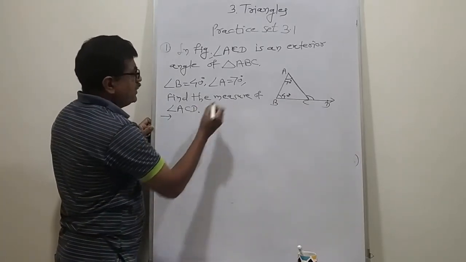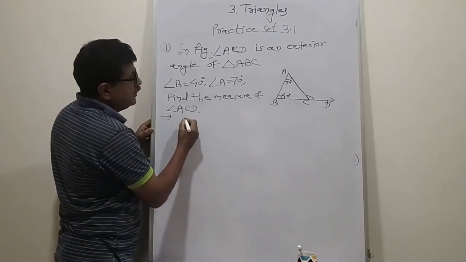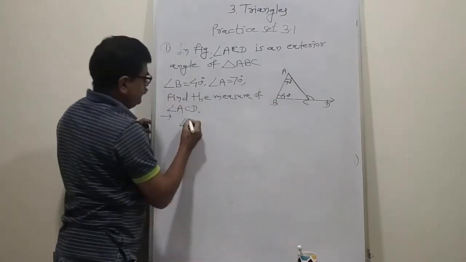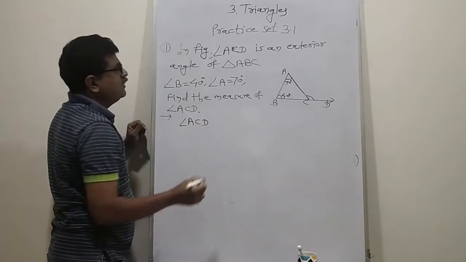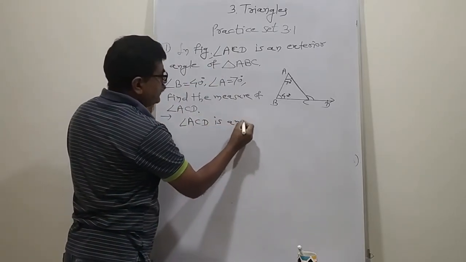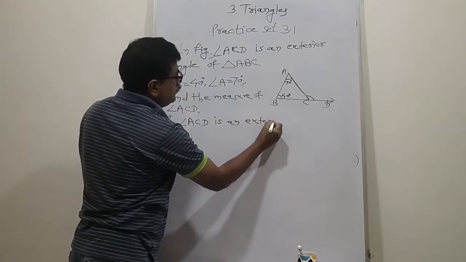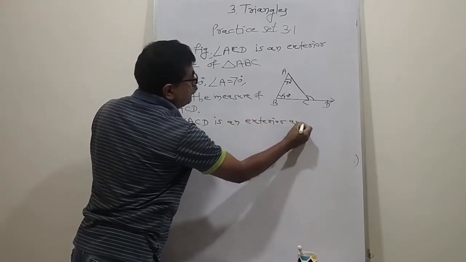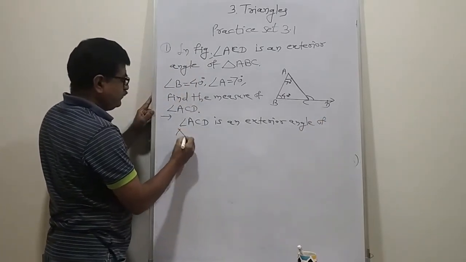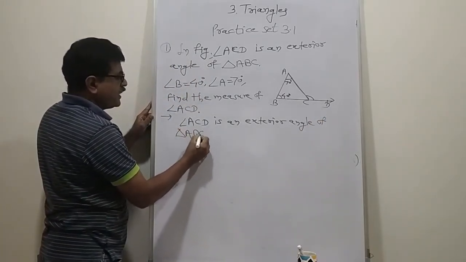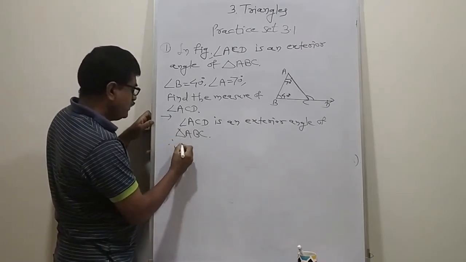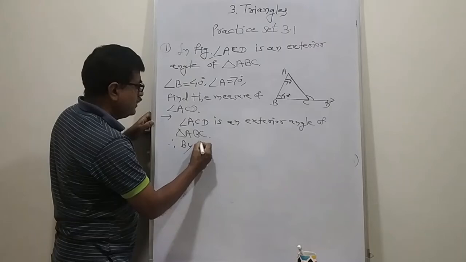Write down. First write down given: angle ACD is an exterior angle of triangle ABC.